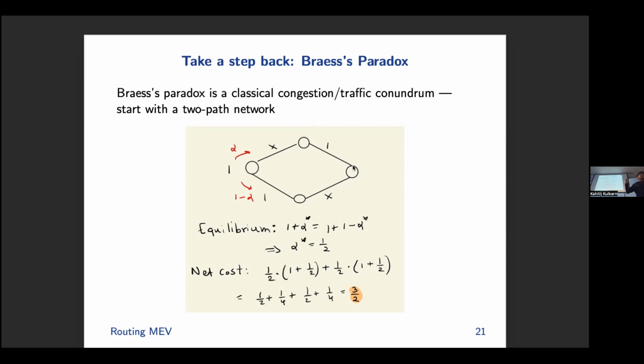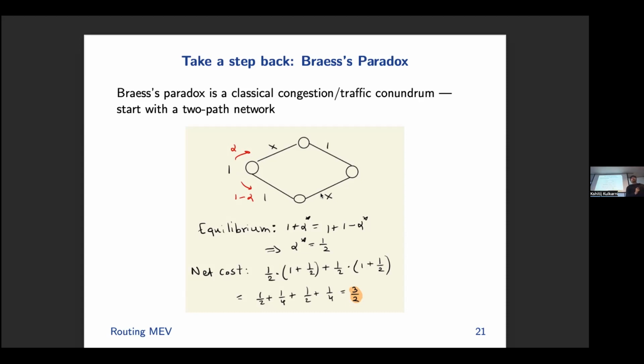You can think of this as trying to route one unit of money, say one unit of traffic, through this network. And the traffic incurs a cost of these amounts. On these two edges, you incur variable costs. On the other two edges, you incur constant cost. And then you ask the question.